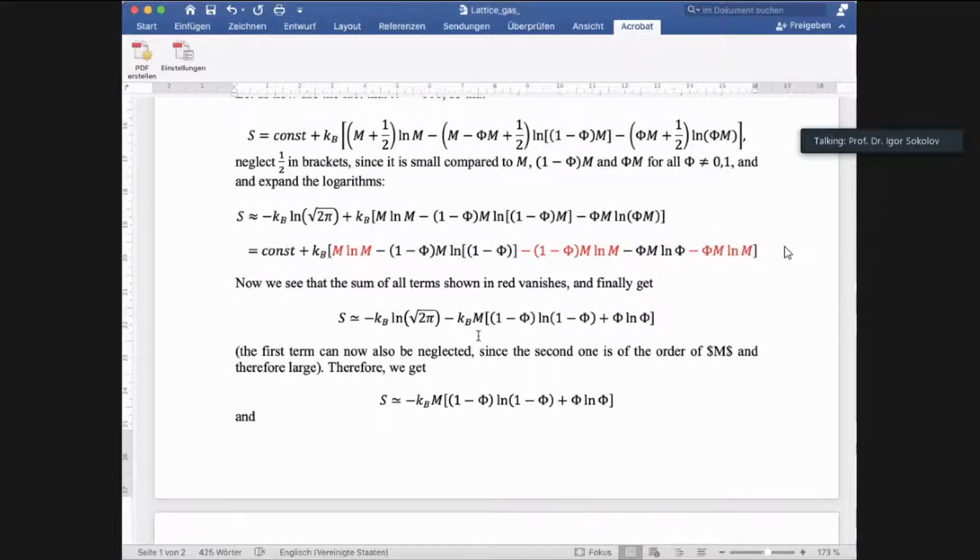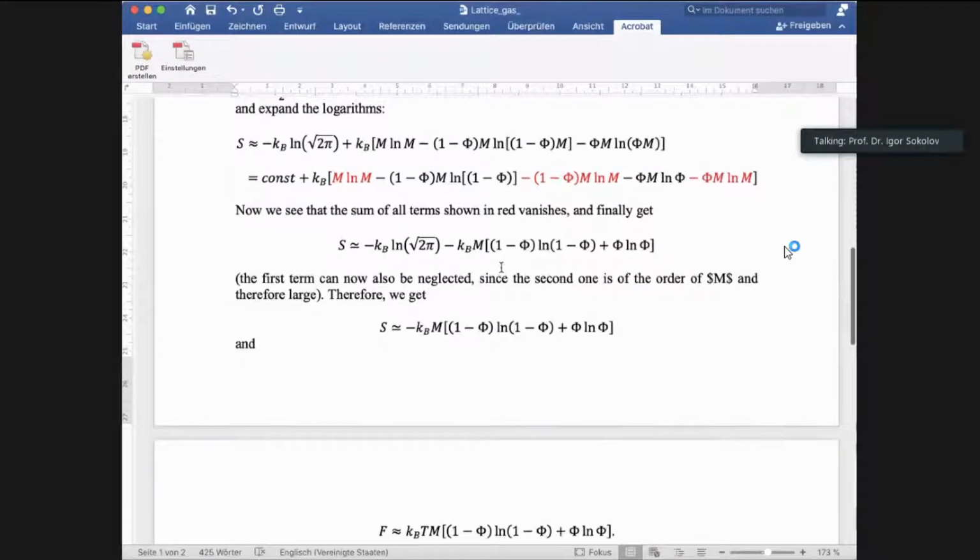And now I see here a very compact and symmetric expression. It's symmetric against exchange of phi and 1 minus phi. And now, look, m, which was here in front, comes outside of the bracket, and m is large.